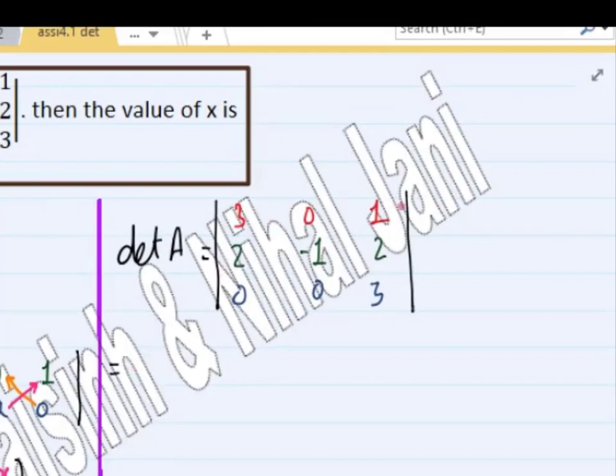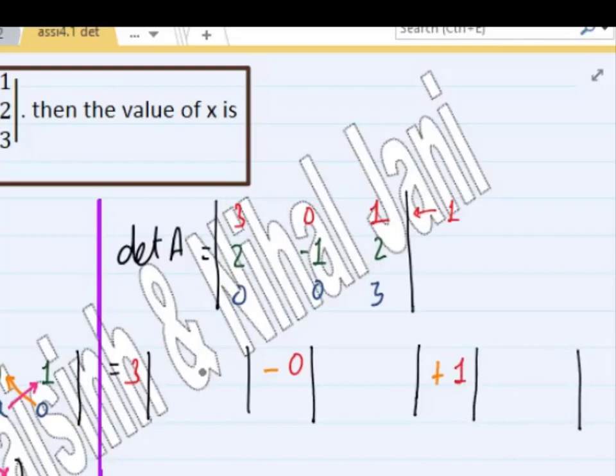Now find out the determinant of A from the other determinant, and here it is, ready to expand with respect to the first row. So 3 determinant, then minus second element 0 determinant, and plus last element 1, its determinant.